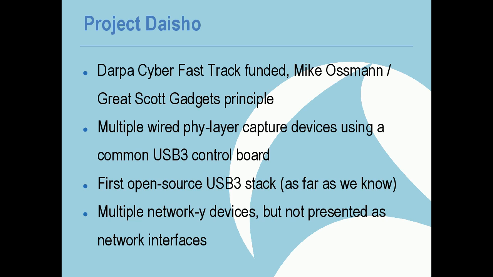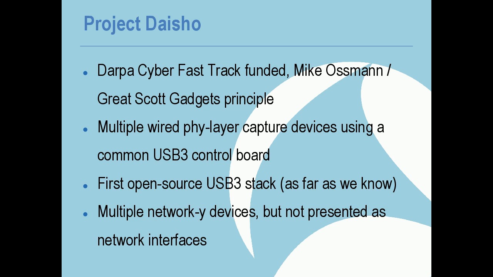The other project that we think is going to benefit from this is a project that Mike Osman is running as part of the DARPA Cyber Fast Track initiative, where it's multiple PHY layer capture devices, primarily wired, using a USB 3 FPGA board. So it'll be one big FPGA on USB 3 and then multiple boards that plug into that.